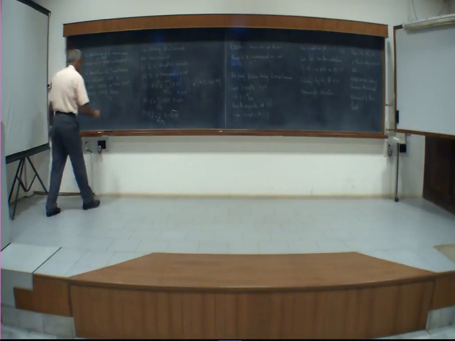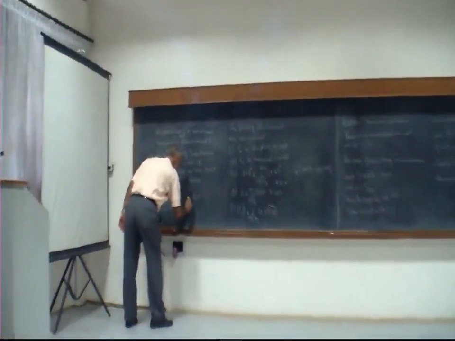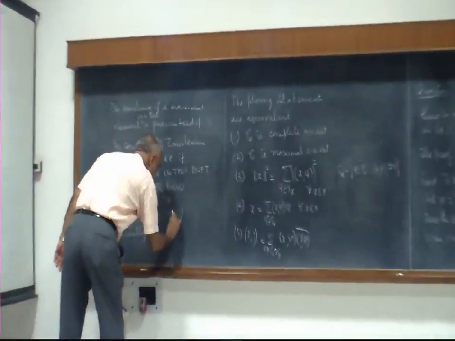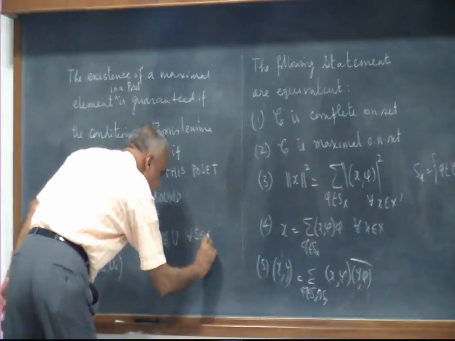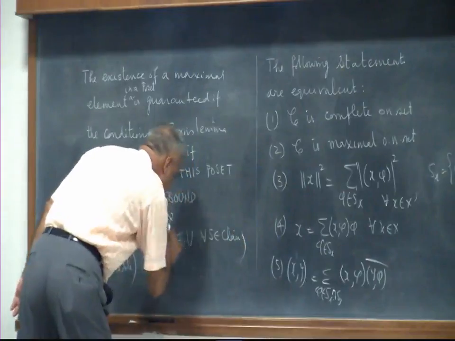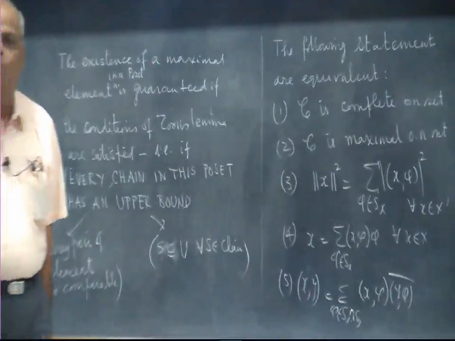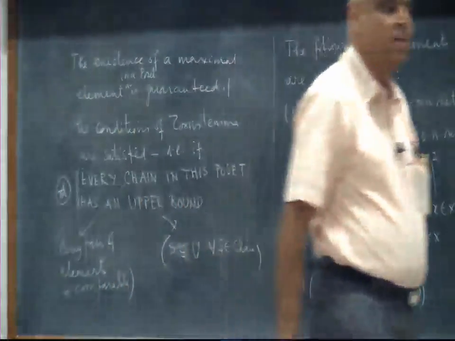An upper bound U is such that S is contained in U for every S in the chain. Everybody is smaller than him.